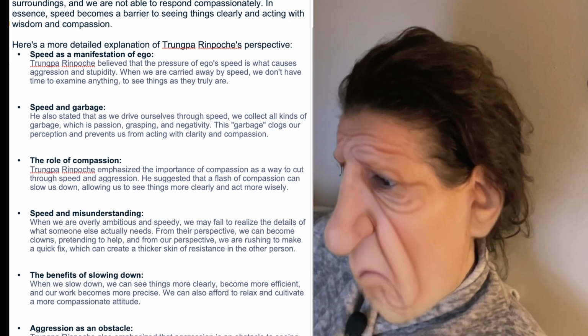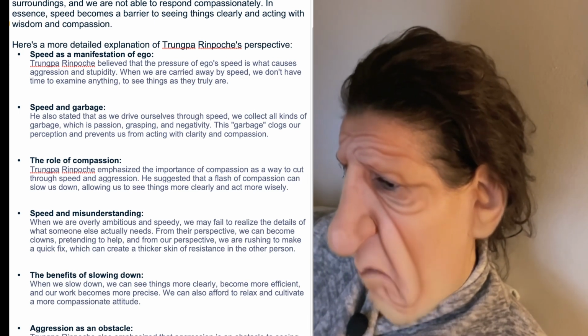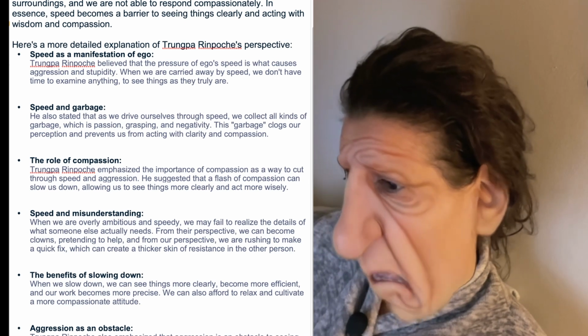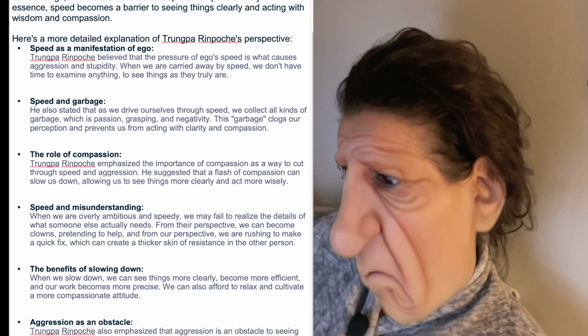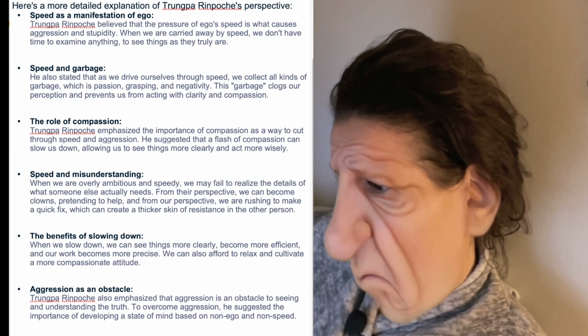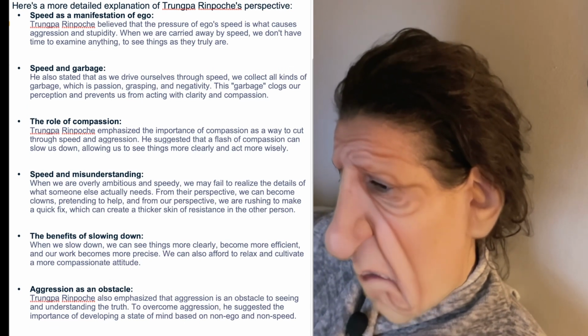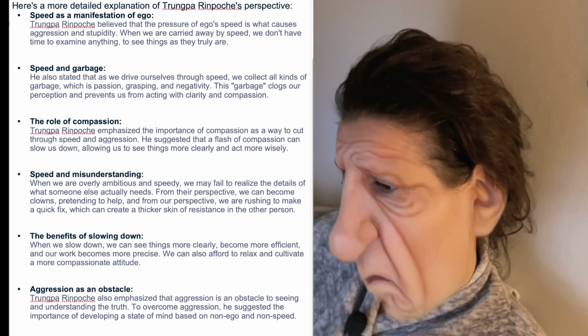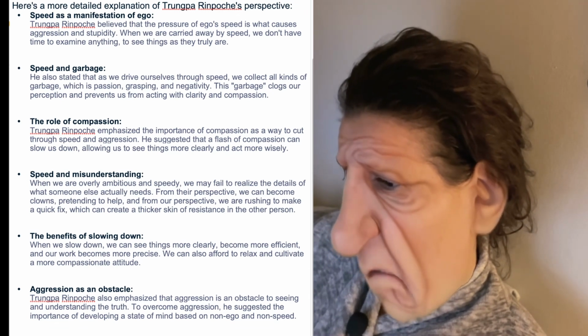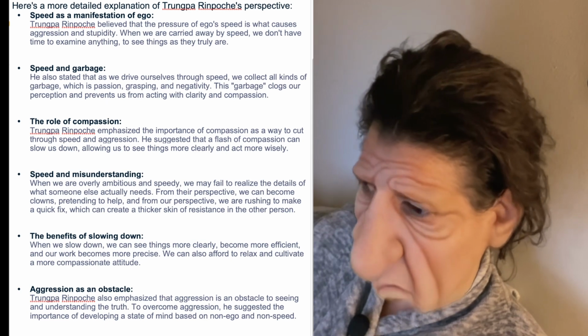When we slow down, we can see things more clearly, become more efficient, and our work becomes more precise. We can afford to relax and cultivate a more compassionate attitude. Aggression as an obstacle. Trungpa Rinpoche also emphasized that aggression is an obstacle to seeing and understanding the truth. To overcome aggression, he suggested the importance of developing a state of mind based on non-ego and non-speed.